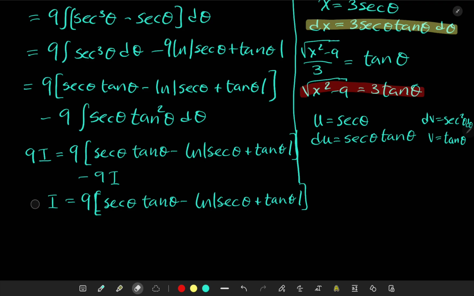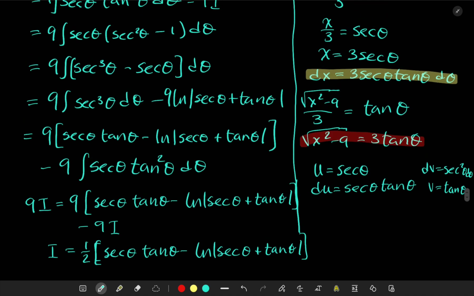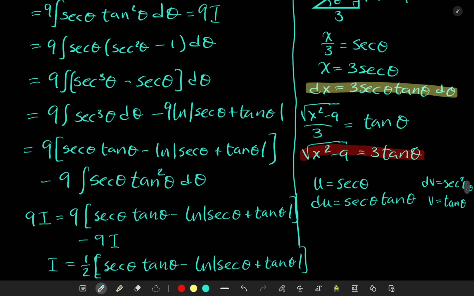So if I divide by 18, this is going to be 1/2. I know that's not the best way to do it, eliminating things. However, the reason why I'm doing that is because I still have to scroll. I wanted to be able to see this part. That's going to be useful for me to take back all my substitutions.